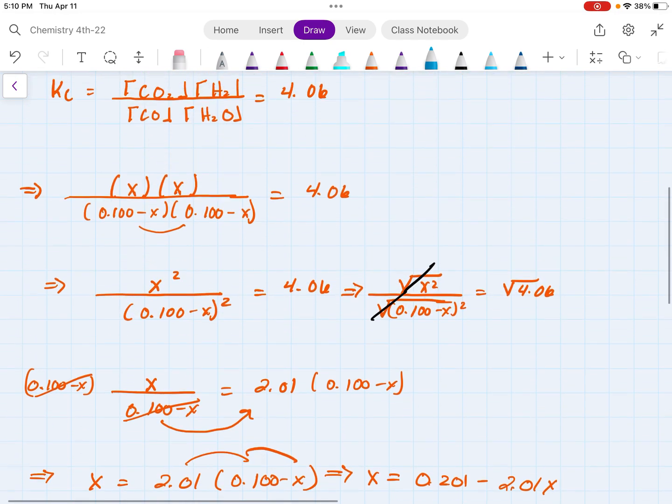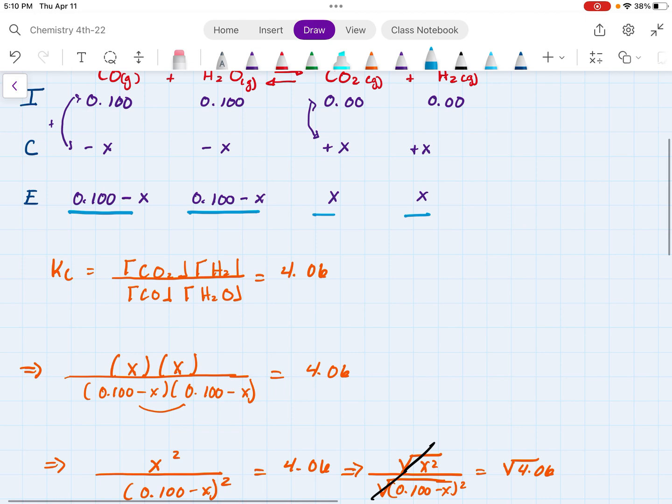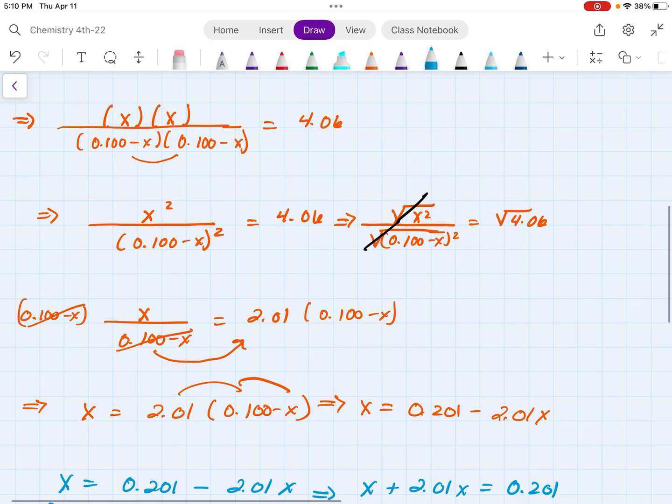Well, if you look at our ICE chart, everywhere we see an X, we substitute that value. Then we can determine the concentrations of the products and the reactants at equilibrium. So let's do one at a time.